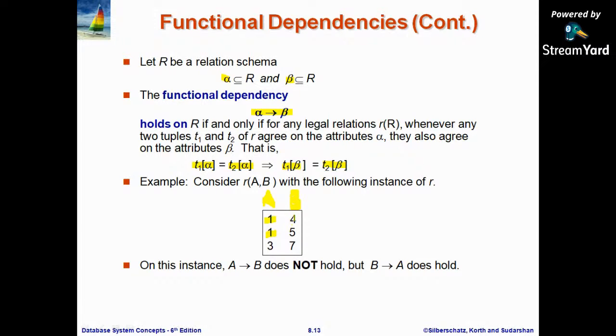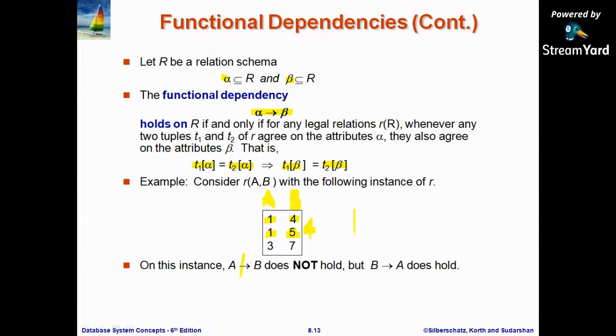Here it is expecting the entry 4, and it should also be the 4 1. If 4 1 is associated with 4, then A tends to B could hold. But here with 1 it has come 5, so A tends to B does not hold. With 3 7 it is okay.